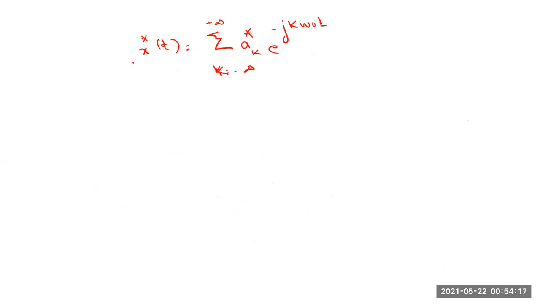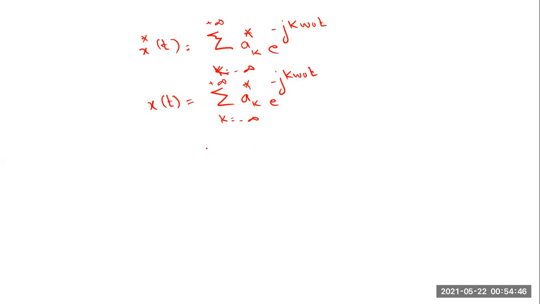Now, because x(t) is a real signal, x conjugate (t) can be replaced by x(t). So we get this.